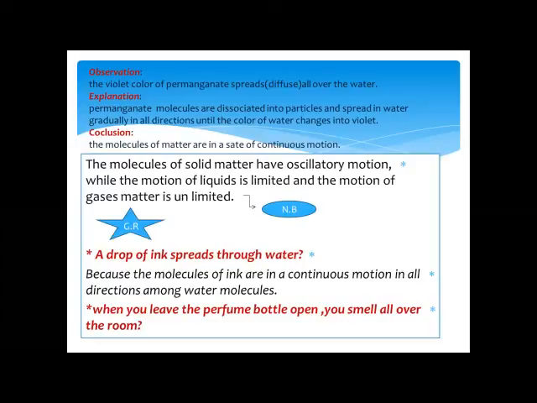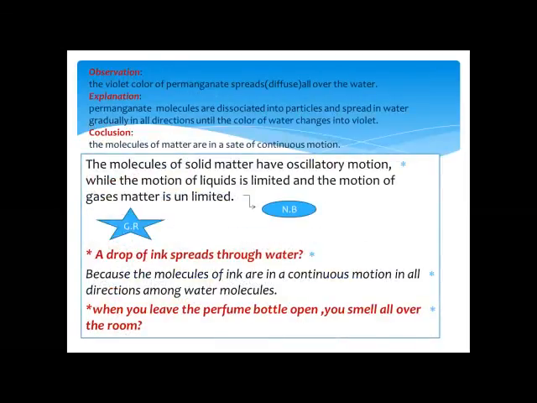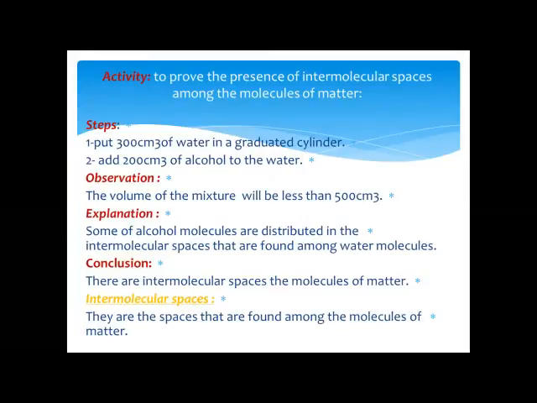When you leave the perfume bottle open, you smell it all over the room, because the particles of the perfume spread over the room. Okay, that is property number one of molecules, that they have continuous motion.